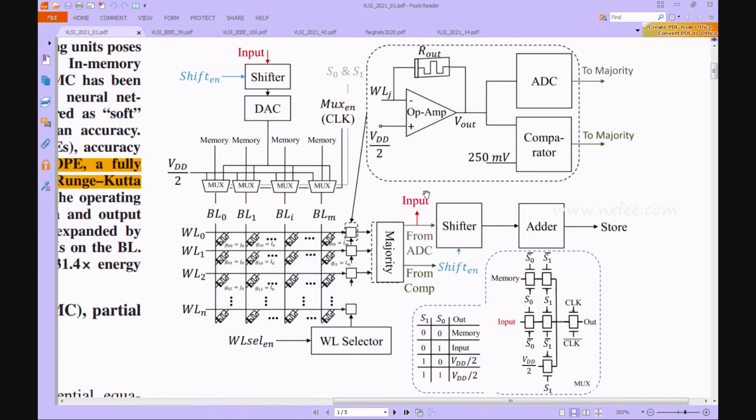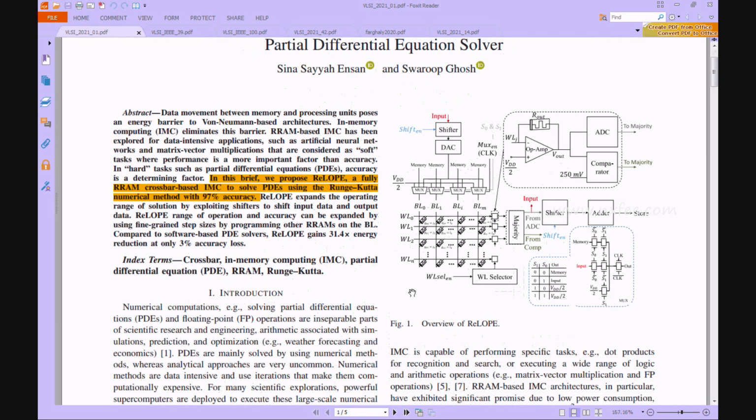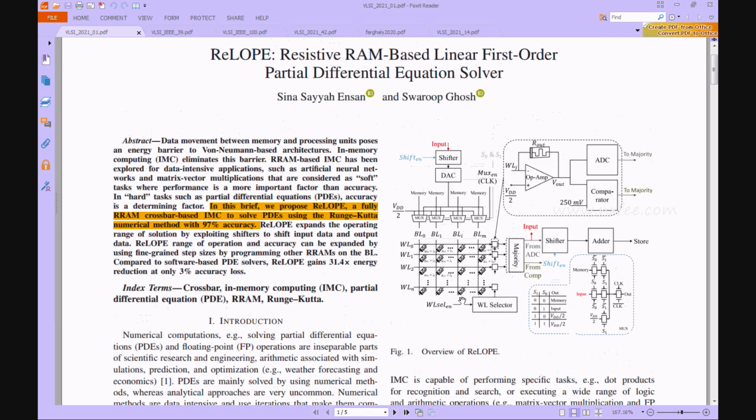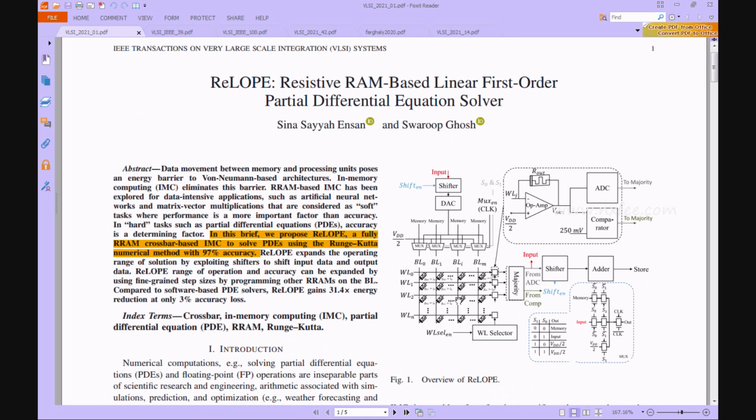After this, the write line and the memory read output will be given into this operational amplifier, and it will be taken as the output, from the ADC and from the comparator. We design this architecture in the Tanner tool at 45 nanometer and 65 nanometer CMOS technology.